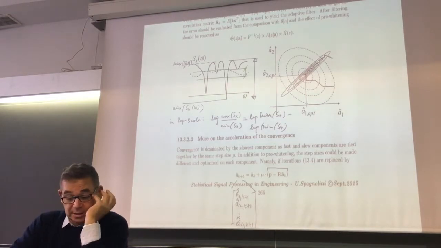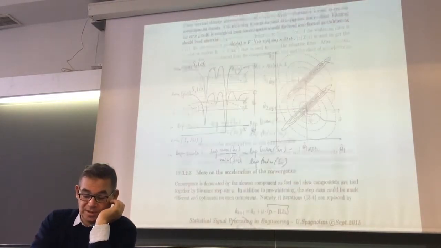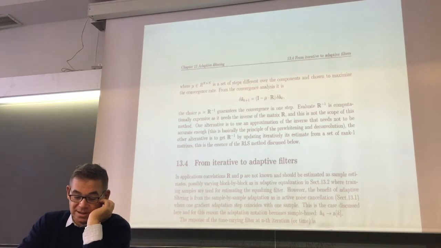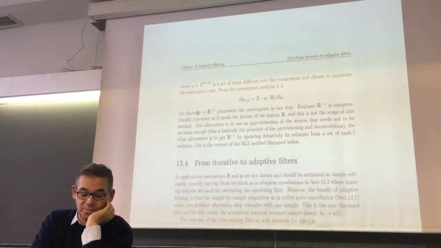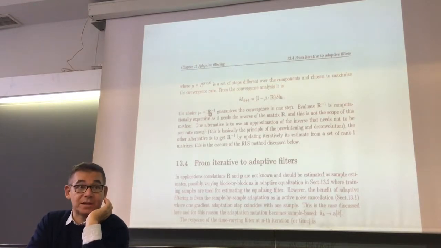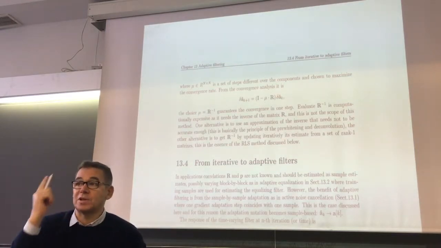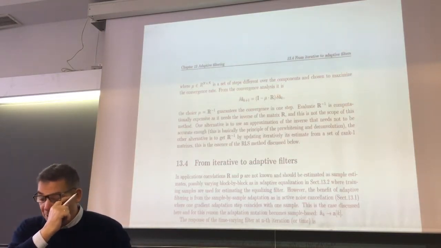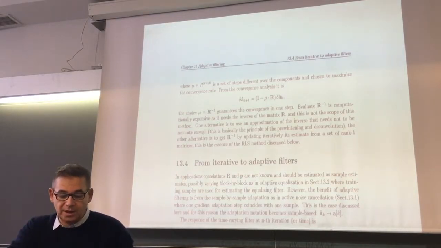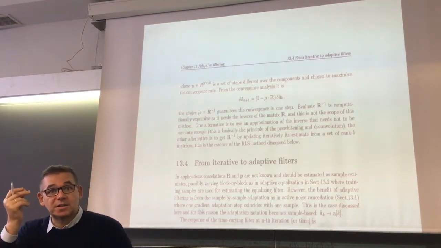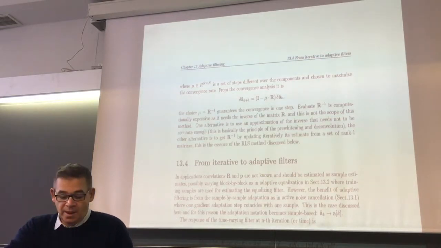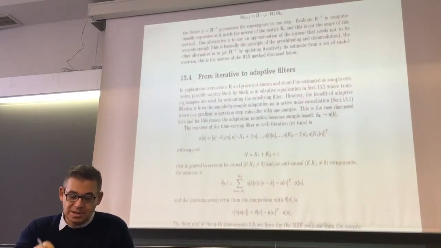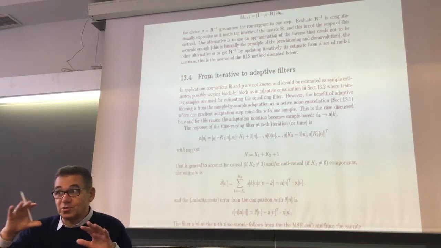I can easily check that if mu is equal to the inverse of the matrix R, I can reach the destination in one step. We will continue on that because this is the key idea of recursive least squares. So this is just to put you into the topic.